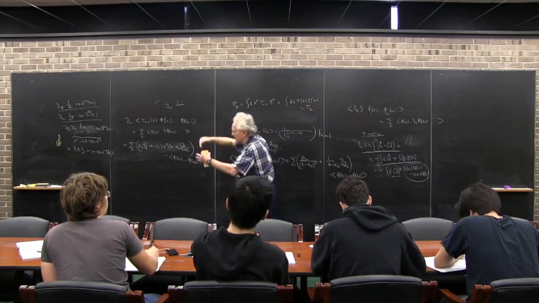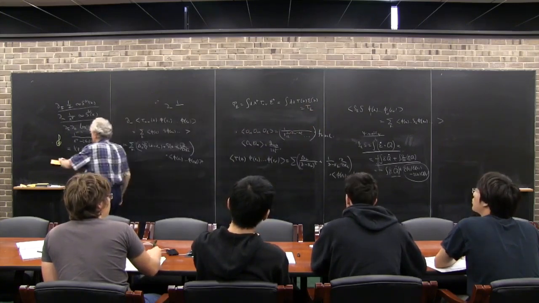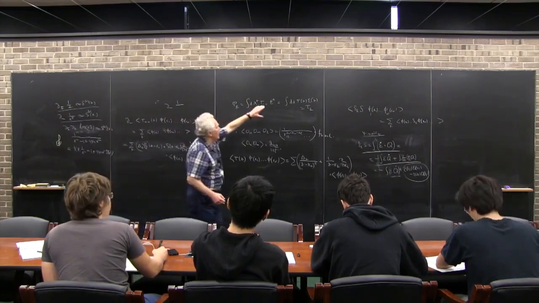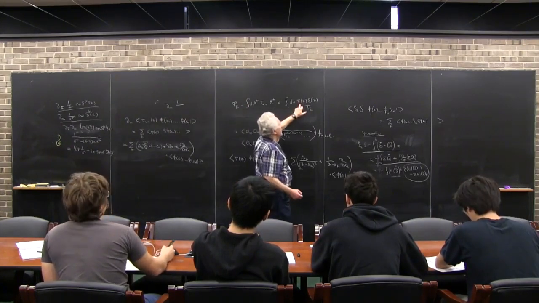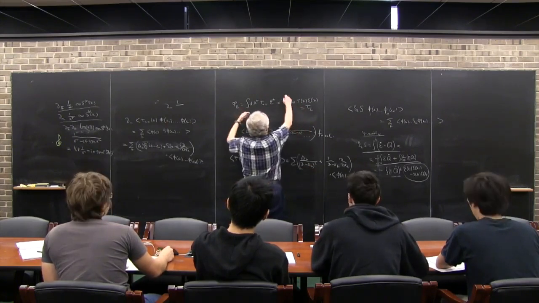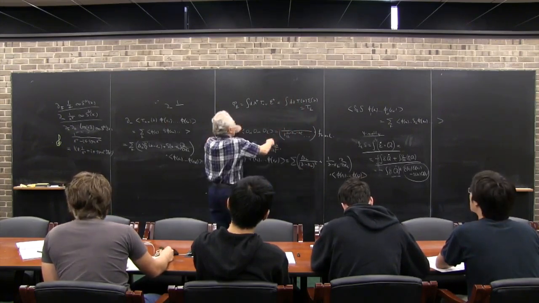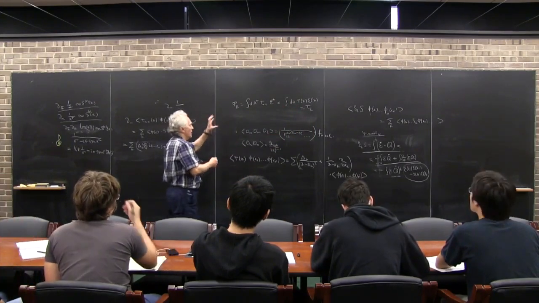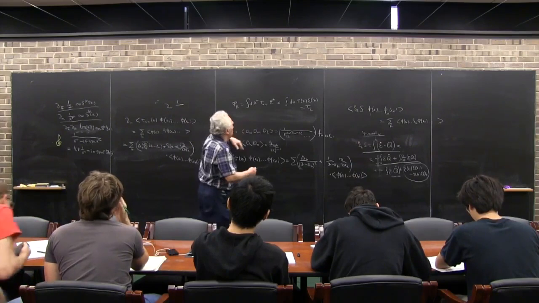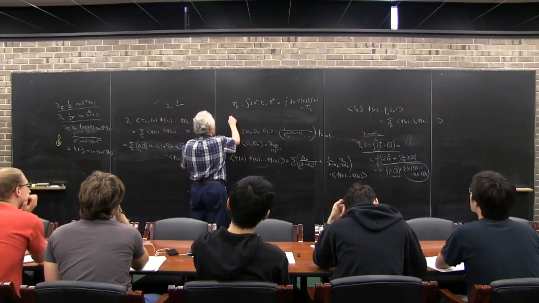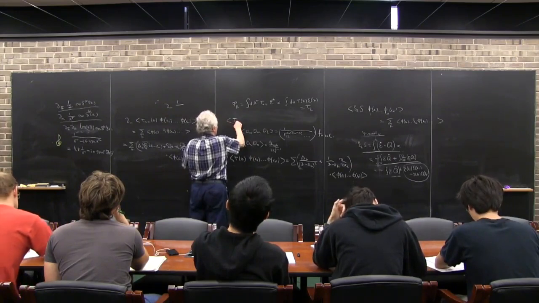So let's just take some test transformation. This is a generator of the transformation, which makes a conformal change of coordinates. And then this formula looks very simple.